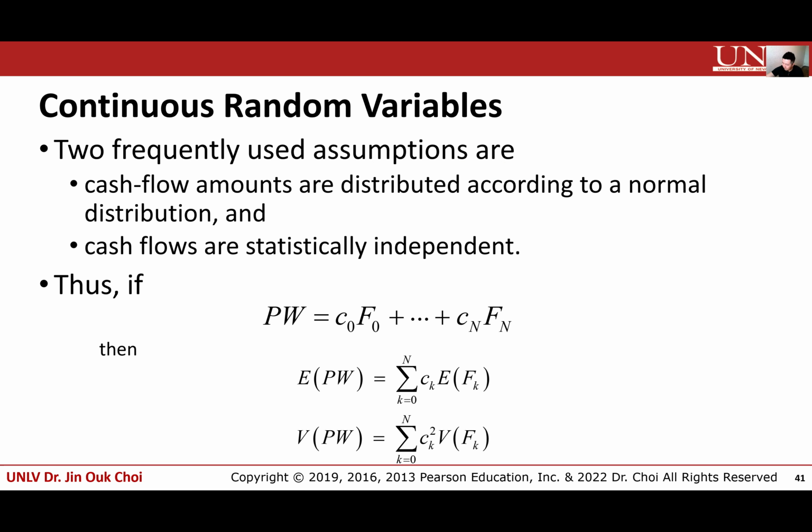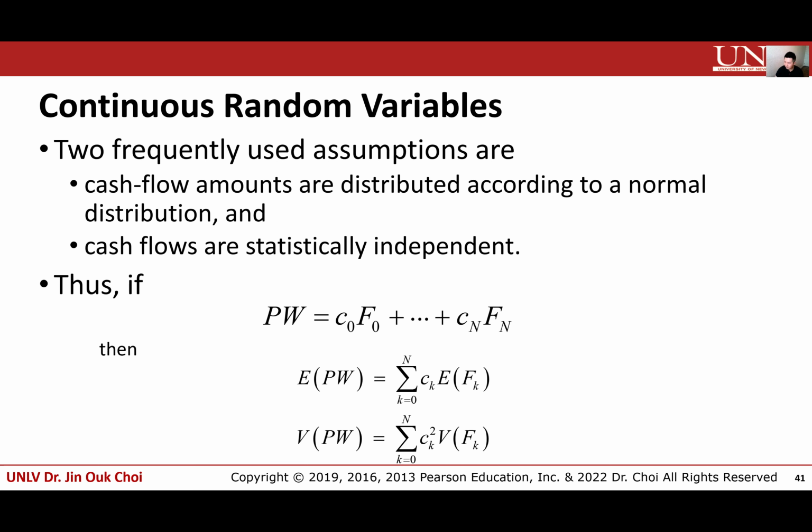And that was the example from the discrete random variables. Also, let's look at the sample question with continuous random variables. Two frequently used assumptions are that cash flow amounts are distributed according to a normal distribution, and cash flows are statistically independent.